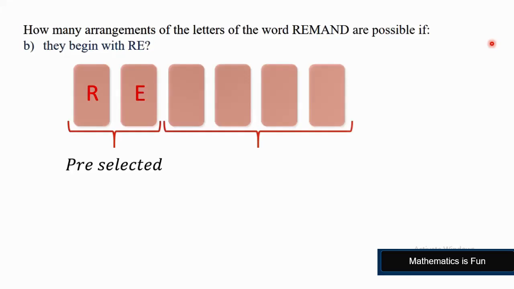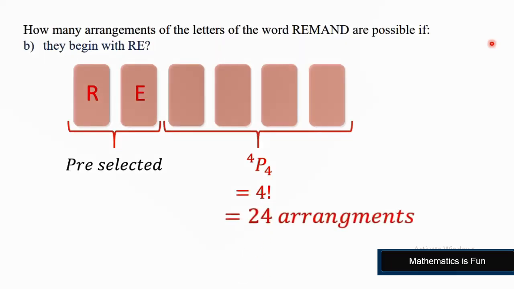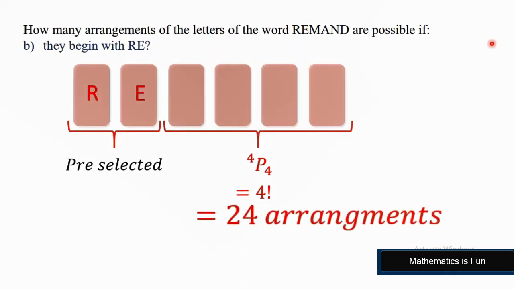Here we have 4 places and 4 letters, because R and E are already used in the first 2 places. So out of 6, we are left with only 4 letters to arrange in these 4 places. So it would be 4P4, which is 4 factorial, and we have 24 different arrangements of the letters of the word REMAND that begin with RE.